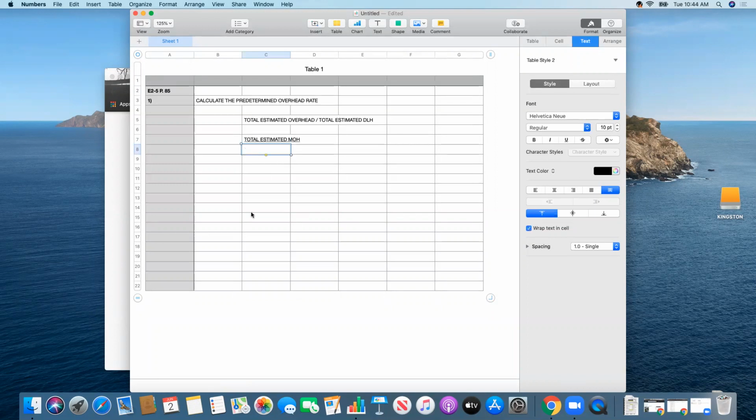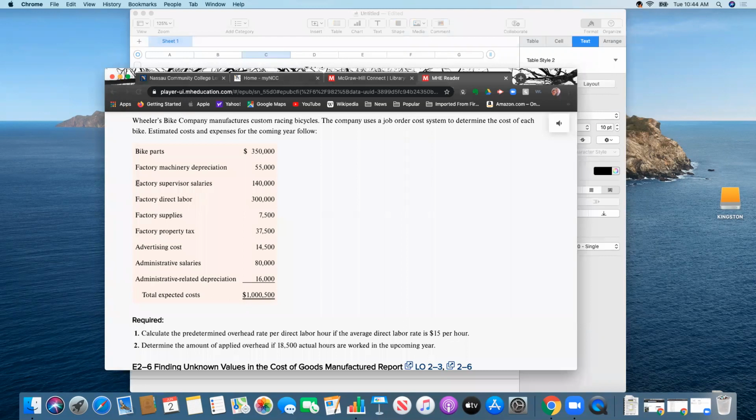Well, let's figure it out. Let's add the amounts together. It's going to be machinery, depreciation, supervisor's salary, supplies, property tax. It's not going to be bike parts. This is a company that manufactures bicycles.